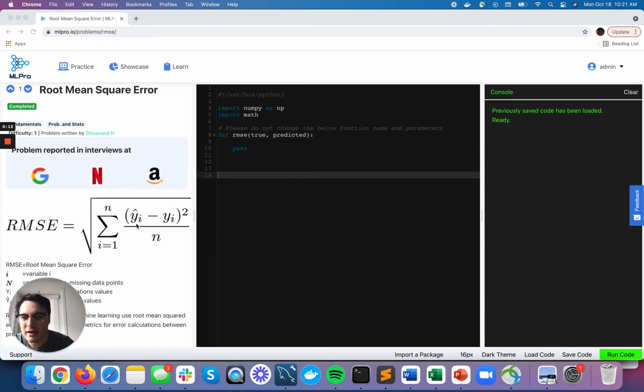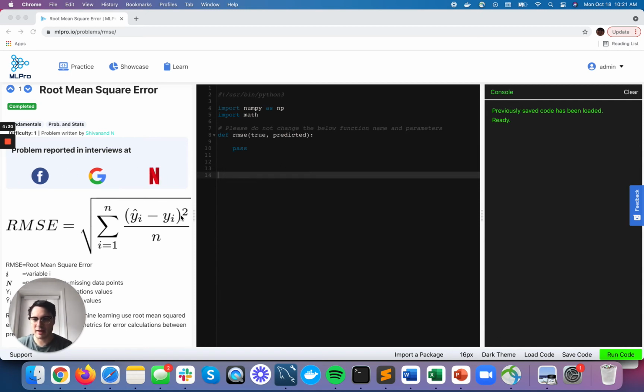So instead, if we square it, then it doesn't matter which one you're subtracting from what. You could subtract the true value from the predicted or the predicted from the true. It doesn't quite matter.